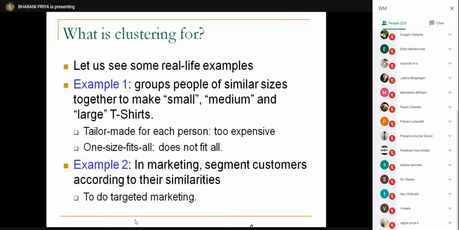And the second example is target marketing. This example I have given many times. Tell me an example for target marketing. If any product is to be sold for only children or only youth or maybe youth and old age.